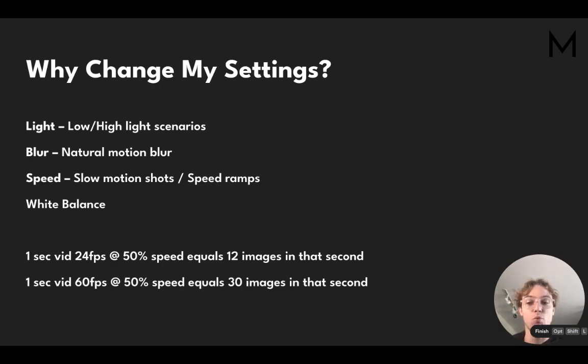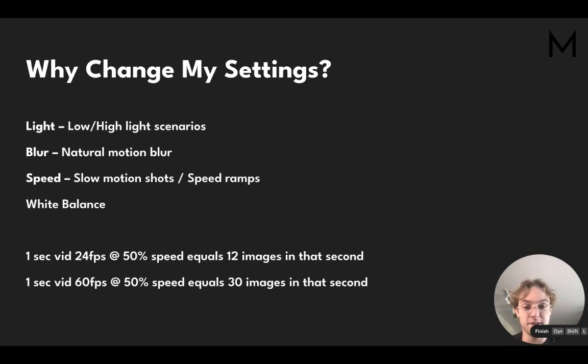Now, if I have a 1 second video at 60 frames per second, at 50% speed, that will be 30 frames in that 1 second, or 60 frames in the 2 seconds. So you have 30 images in 1 second as opposed to 12.